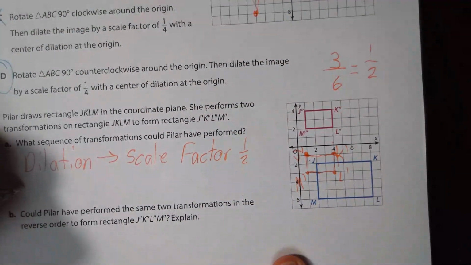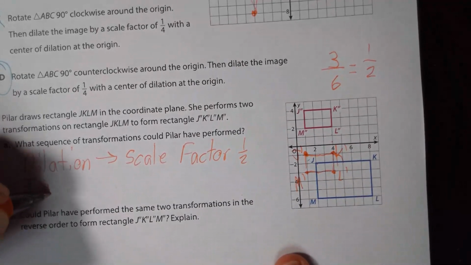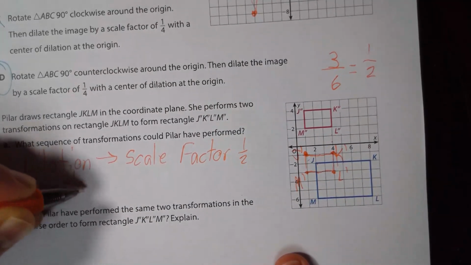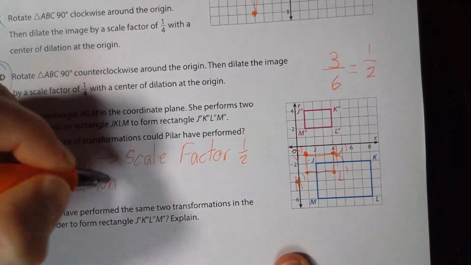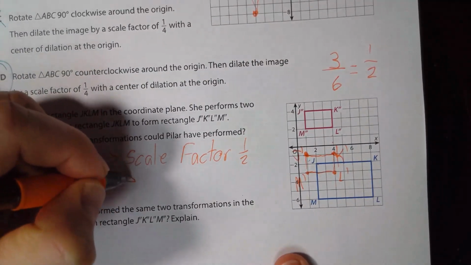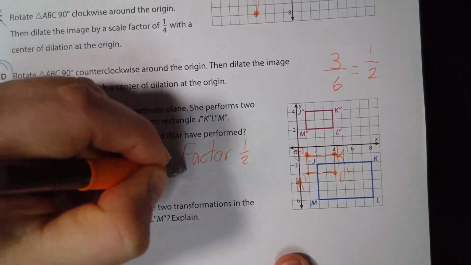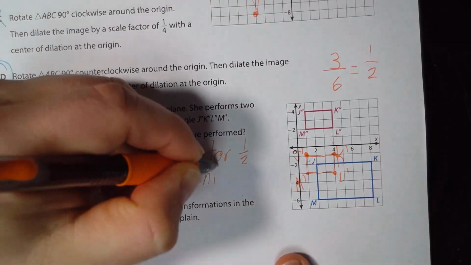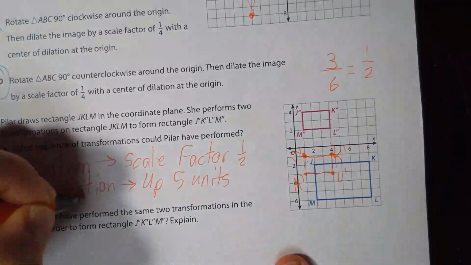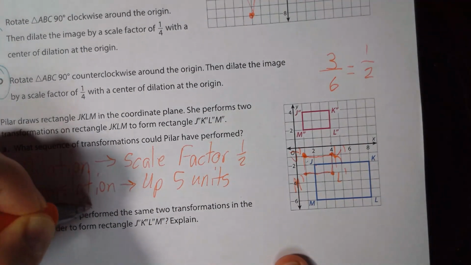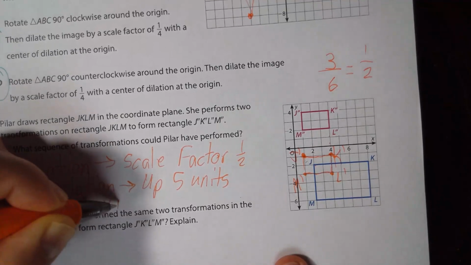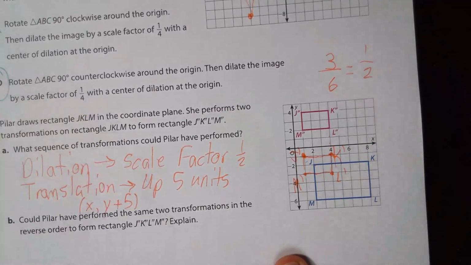This is a translation up 5 units. Ooh, I could write this like this too, couldn't I? The x value stayed the same and the y value increased by 5.